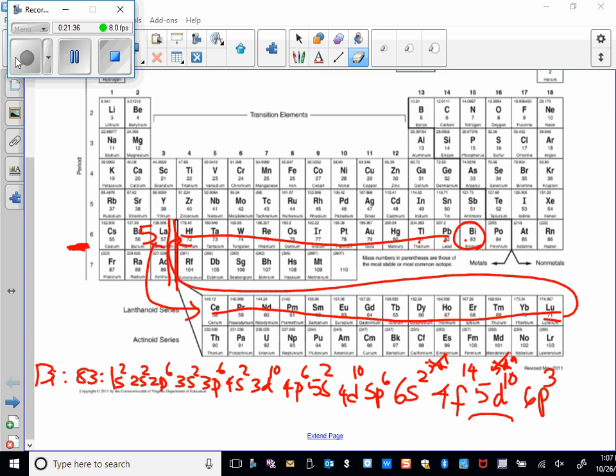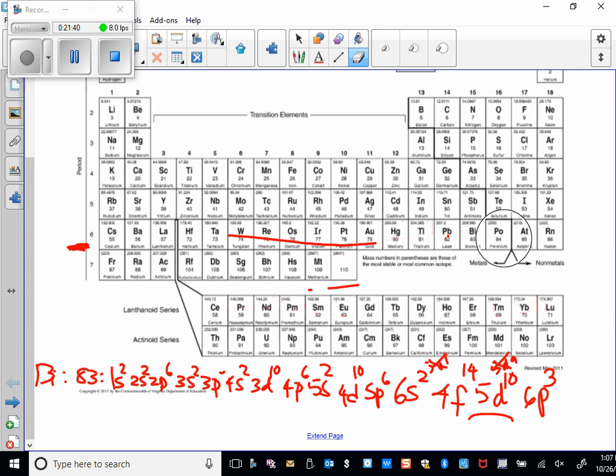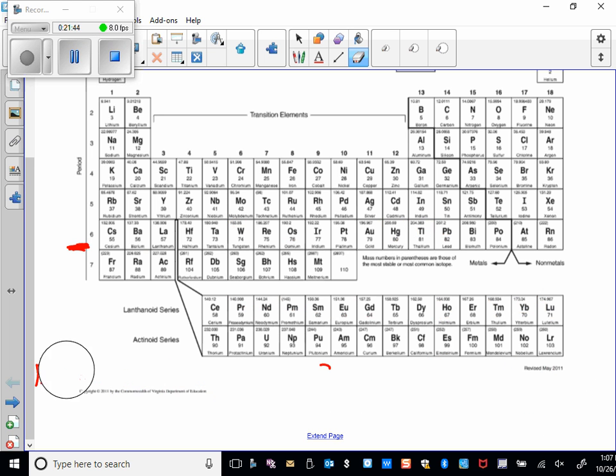Now, I'm not going to do bismuth, but I'm going to do an element that is in the F block. Are you with me? So, if I do an element from the F block, let's say I do neodymium. Neodymium magnets. Is that right? Neodymium is the element that's used to make magnets.